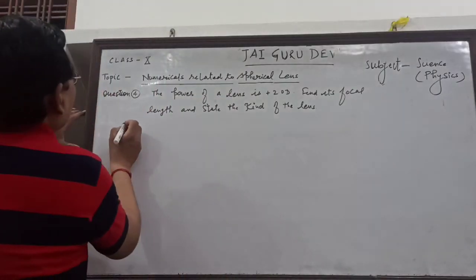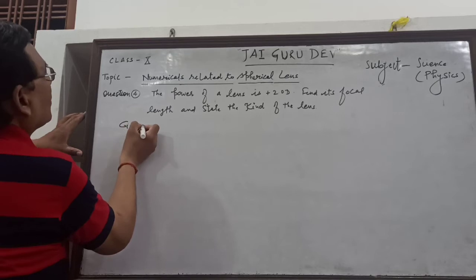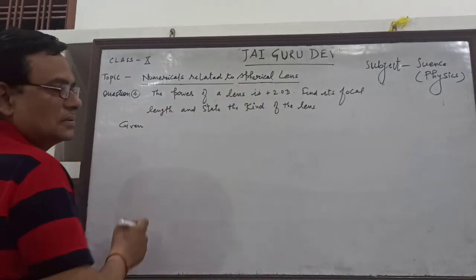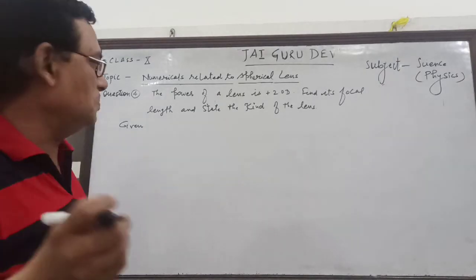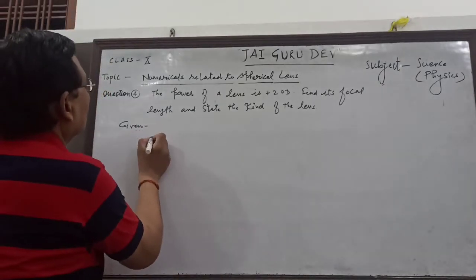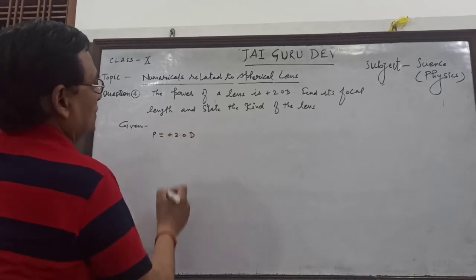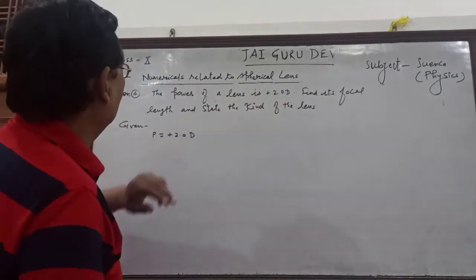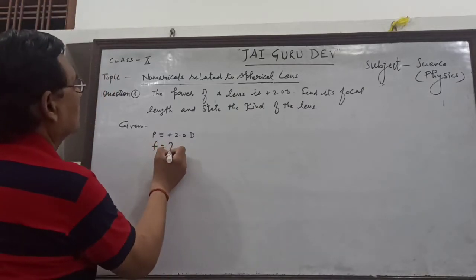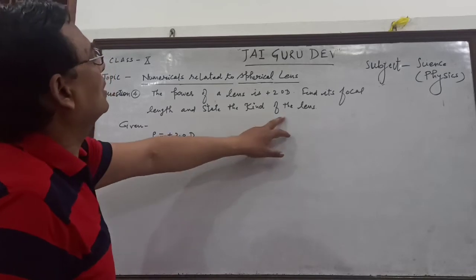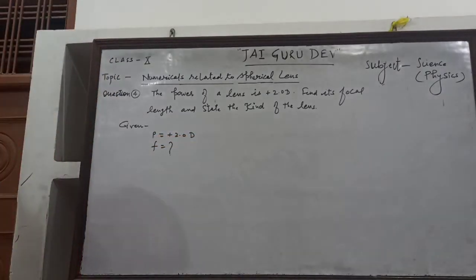Okay. Given power of lens, we denote power by P. P is equal to plus 2.0 D. Find its focal length, f question mark, and kind of the lens.